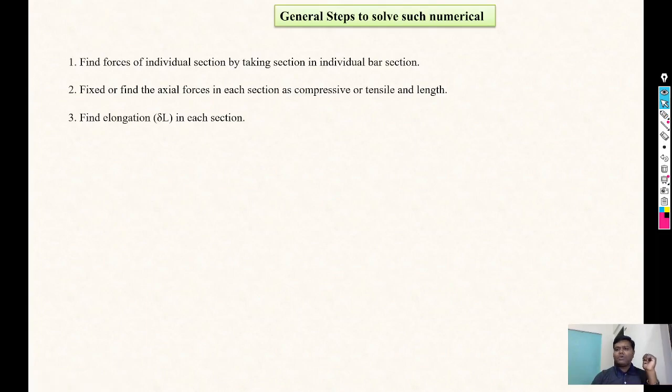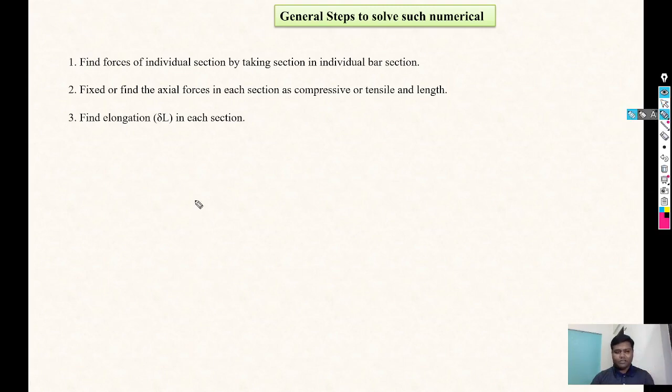Now, the general steps to solve such types of numerical. Just keep these steps in your mind, so we can solve any type of numerical. So the first thing is what? Find the forces of the individual sections by taking a section in the individual bar section.